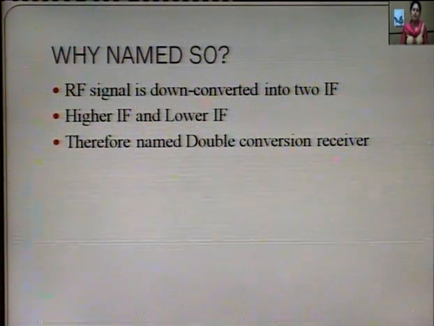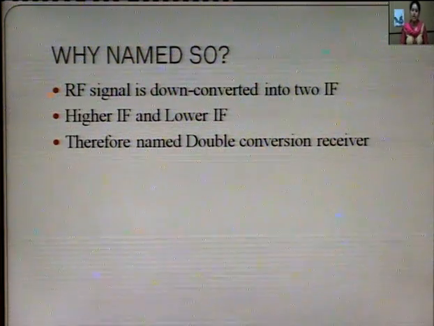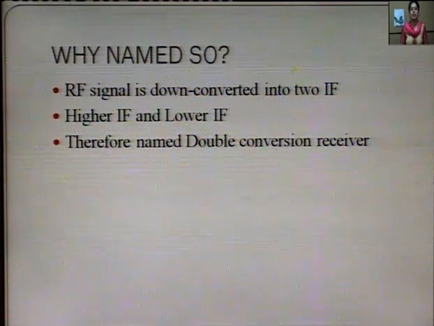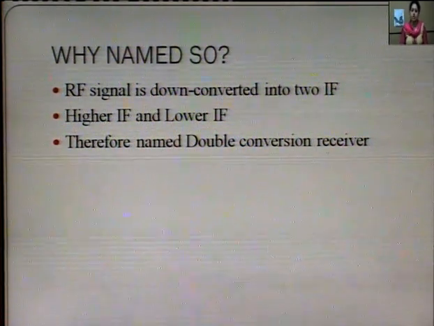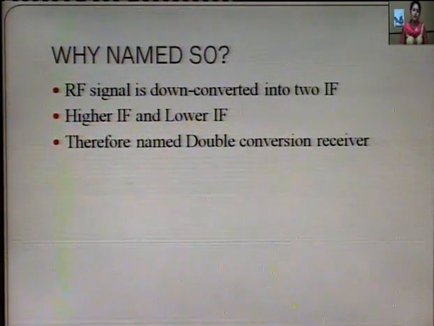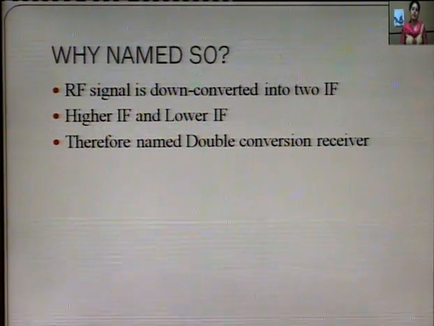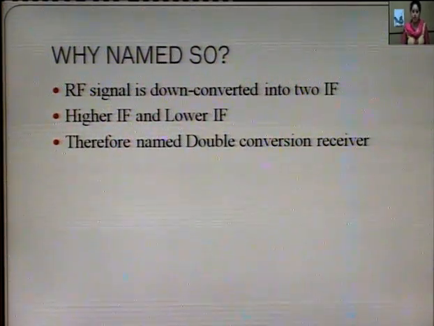So your RF signal is down converted into two intermediate frequencies, one higher and the second lower. So it is named a double conversion receiver, as your frequency conversion is done twice in this communication receiver: first at the first detector stage and second at the second detector stage, that is at the second mixer stage.